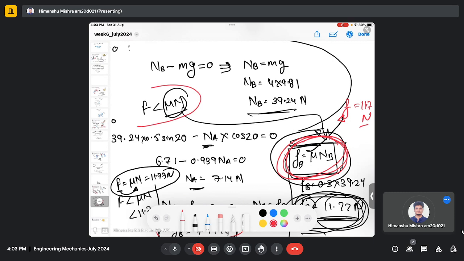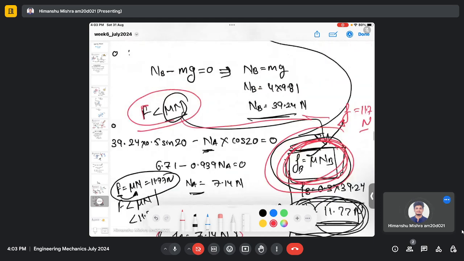Because in order to study whether the system is in equilibrium or not, we need to calculate the external force and compare it with the friction force. And the friction force we need to consider is the maximum friction force, which is 11.7 Newton. So as long as the external force is less than 11.7 Newton, the body will remain in equilibrium.